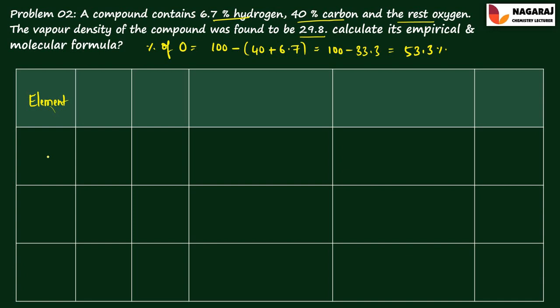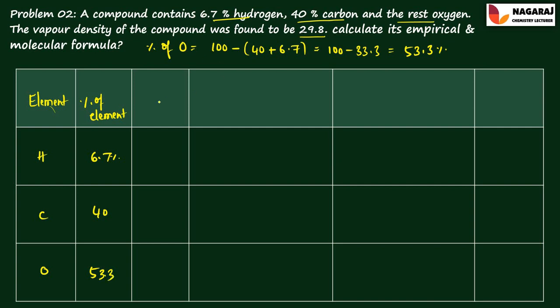So the elements are hydrogen, carbon and then oxygen, with percentages: hydrogen is 6.7%, carbon is 40% and oxygen is 53.3%.